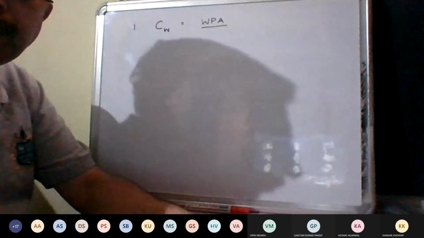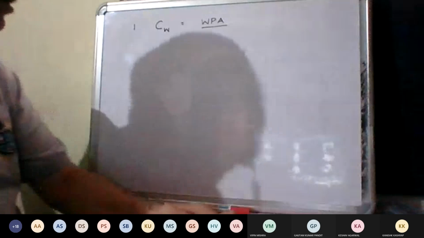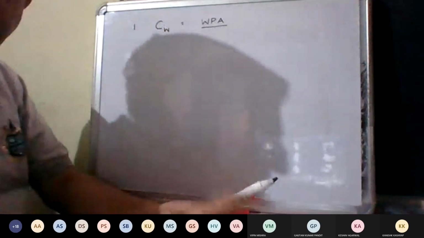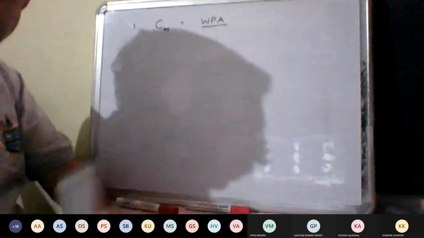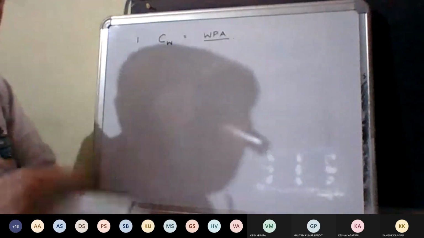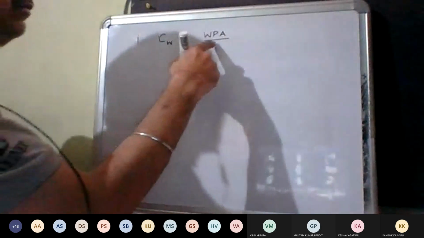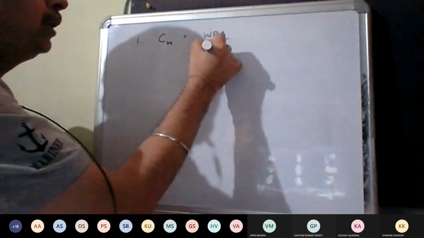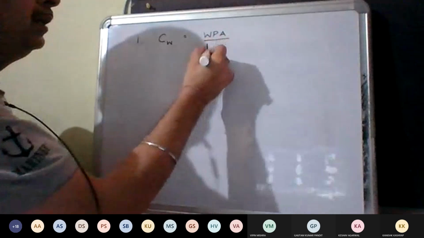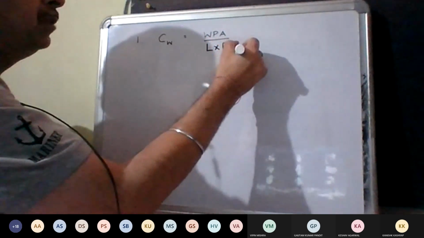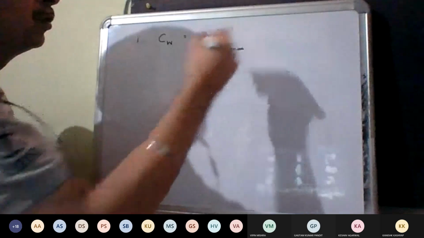Yes. Okay. So CW is known as area coefficient, and it is given by a ratio of water plane area to a rectangle having maximum length and maximum breadth, B max.